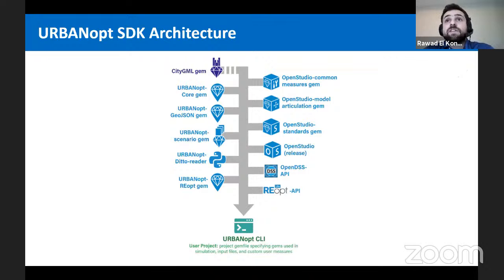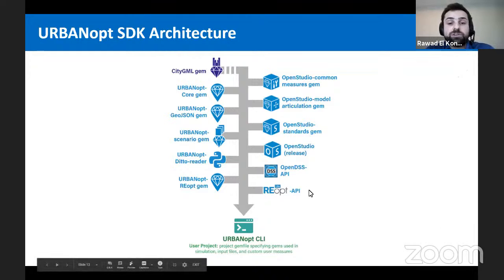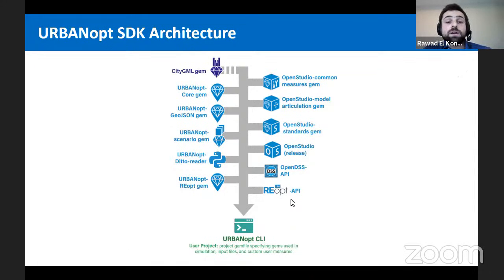So, for example, if the user decides to use a different engine to simulate the distributed resources or PV systems, then this is possible. What you can see here, the REopt Lite API module, can be swapped out with a different module. With this said, URBANopt is modular, highly customizable, and multidisciplinary. Next slide.